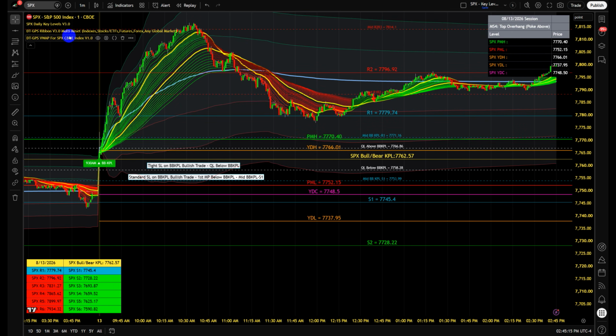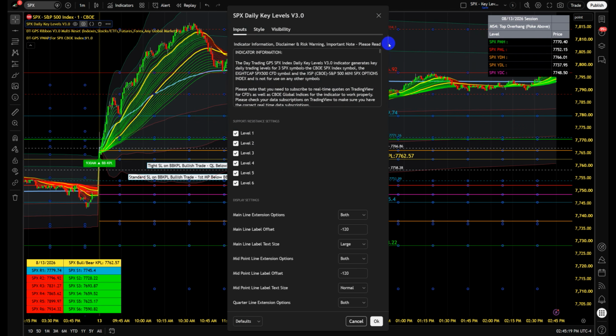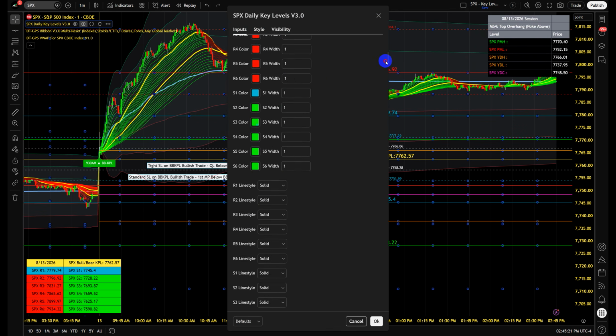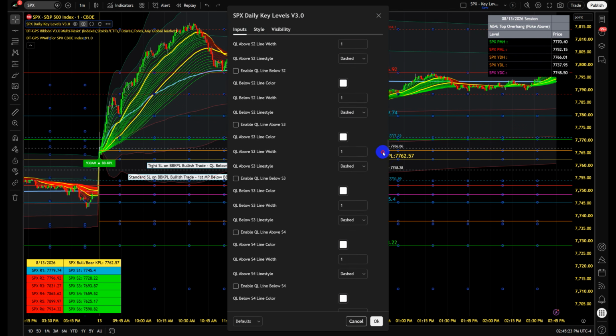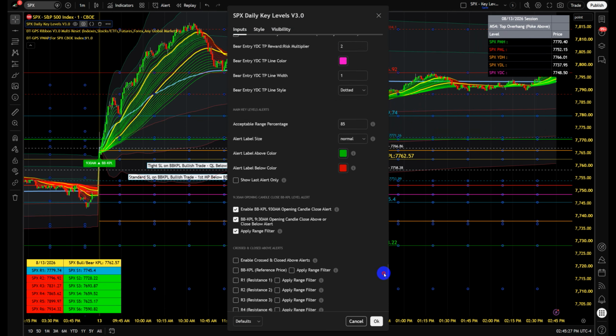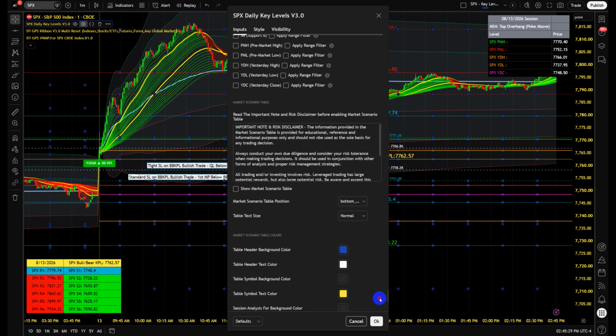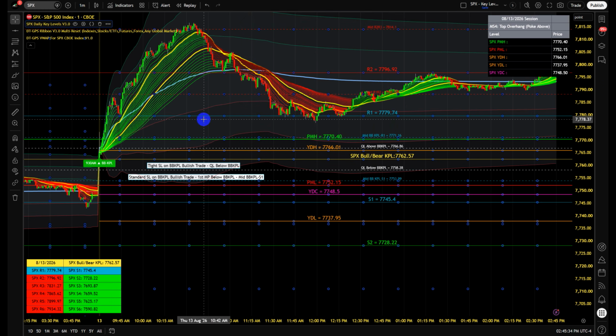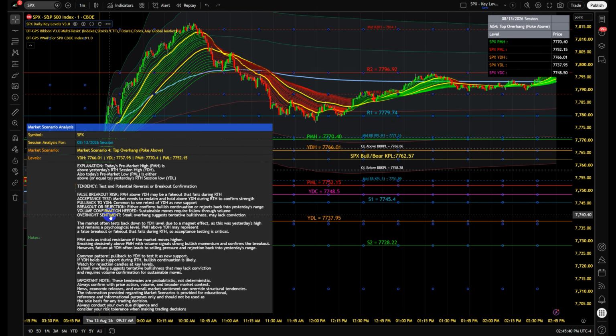We also have an analysis table for the market structure if you want to view that on your screen, which will give you key trading characteristics and common tendencies of the market scenario in play. For today's session, you simply go down to User Control Panel, and then you click on Show Market Scenario Table. And then you will get this on your chart.